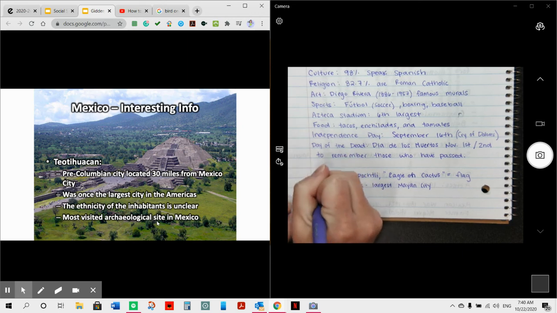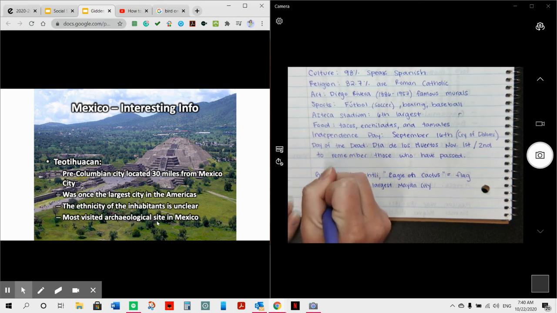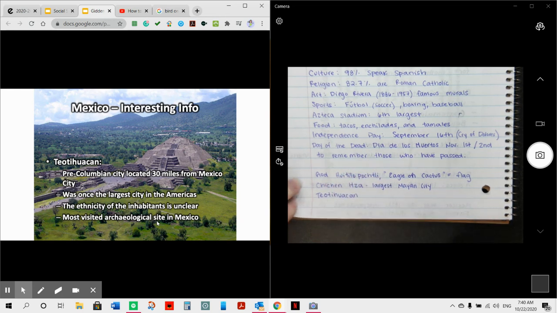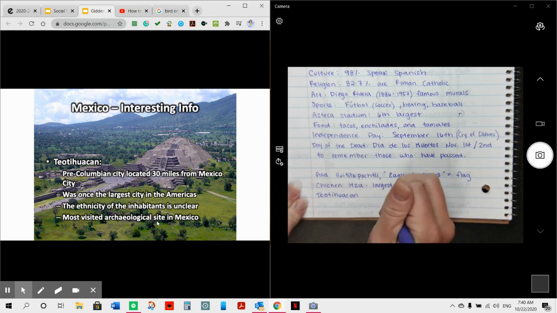So we're going to write Teotihuacan. This is the most visited archaeological site in Mexico.